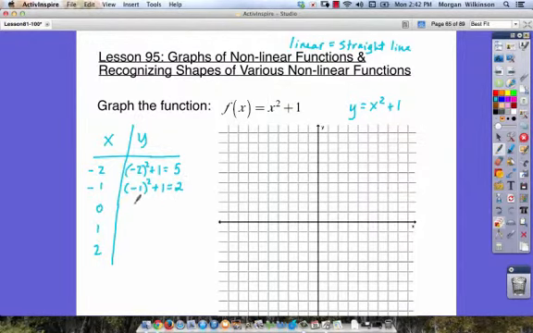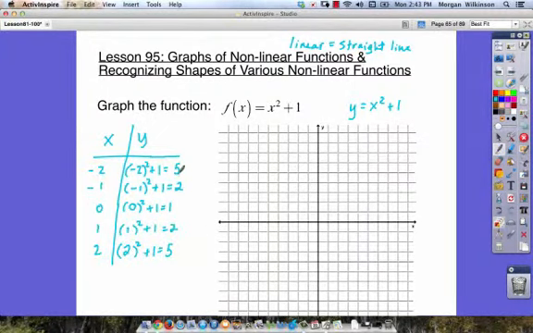If x is 0, 0 squared plus 1 must equal 1. If x is 1, then we get 1 squared plus 1. 1 times 1 is 1, plus 1 is 2. Oh, that's neat. This one has the same value as before. And then 2 squared is 4, plus 1 more is equal to 5. That one's also equal to this.